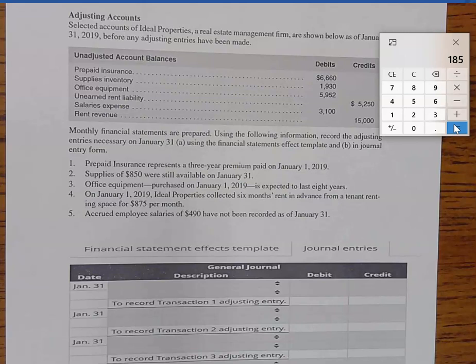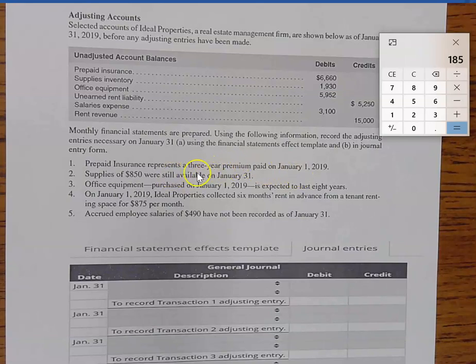That's our monthly premium, the amount that our asset has gone down and how much we need to expense. Because this is a 3-year insurance policy, it's going to be the same $185 every single month. We would actually probably set this up in our accounting software to do this for us. We do it one time and we don't have to do it again for 3 years unless something changes.